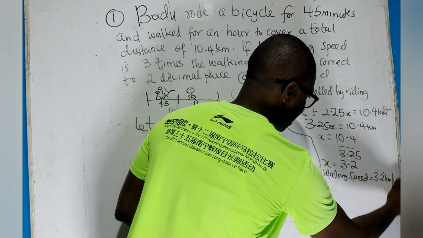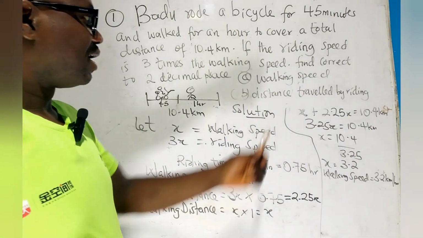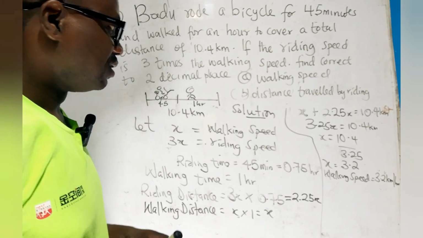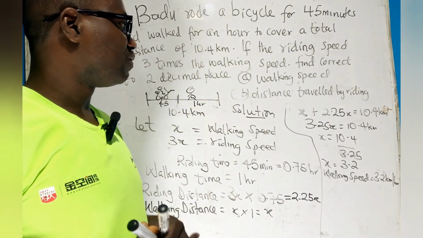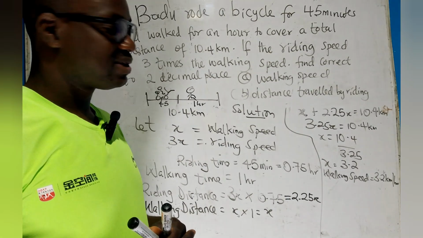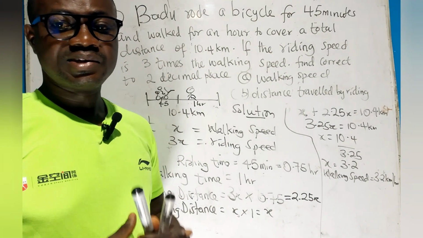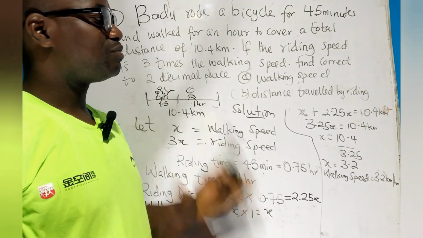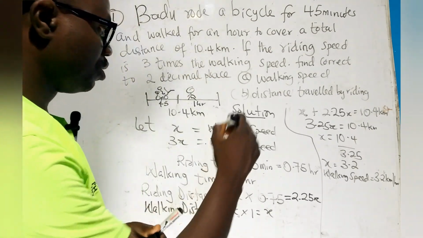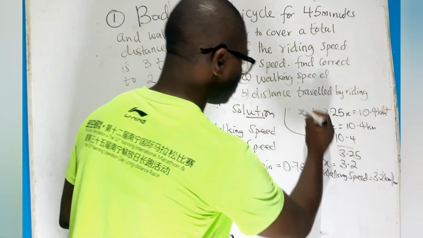Now the next one is you should find the riding distance. Distance is speed times time. So riding distance is equal to riding speed times riding time.